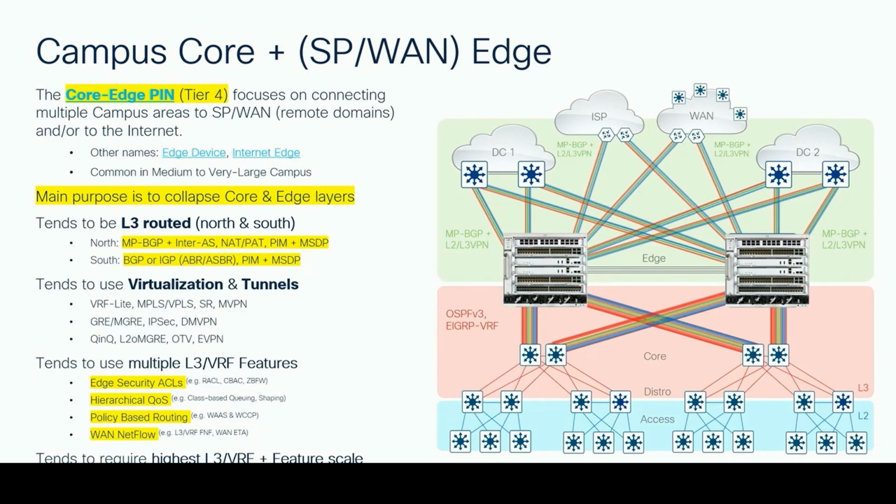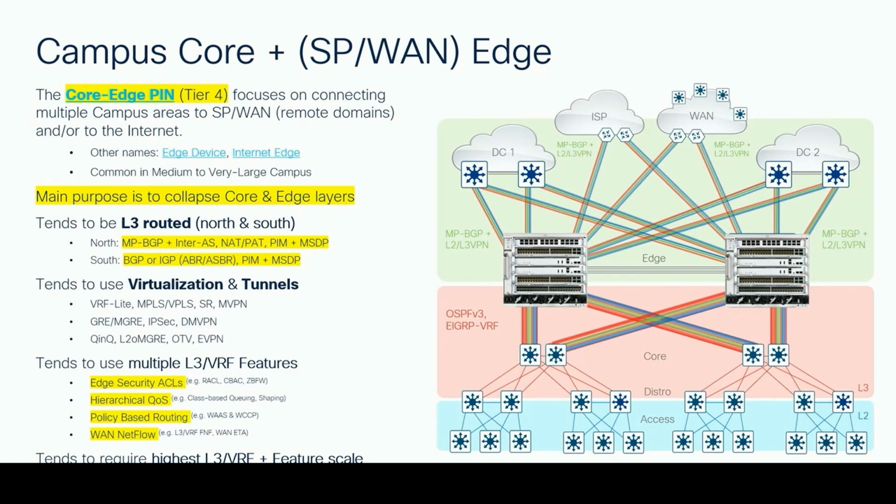But I need to multiply those 10,000 routes or those 50,000 routes times 100 VRFs, 1,000 VRFs. Now I need to choose the box that has millions of routes, okay? And he needs to be able to support multi-protocol BGP. We're going to talk about MPLS and EVPN and these kind of things in a bit.